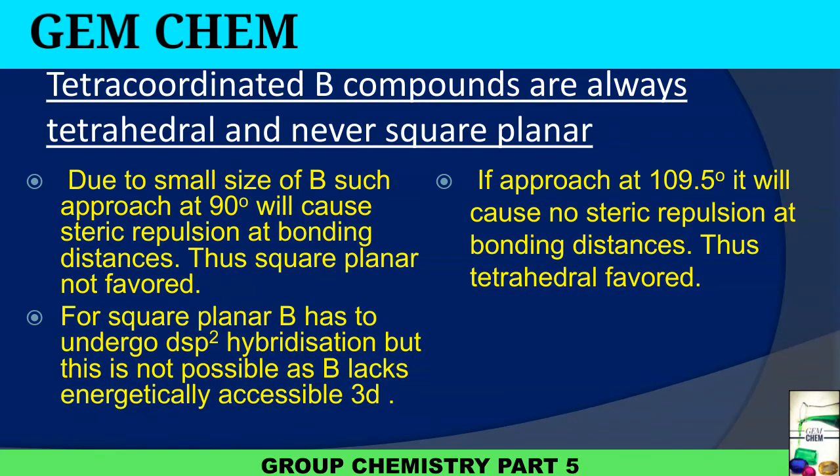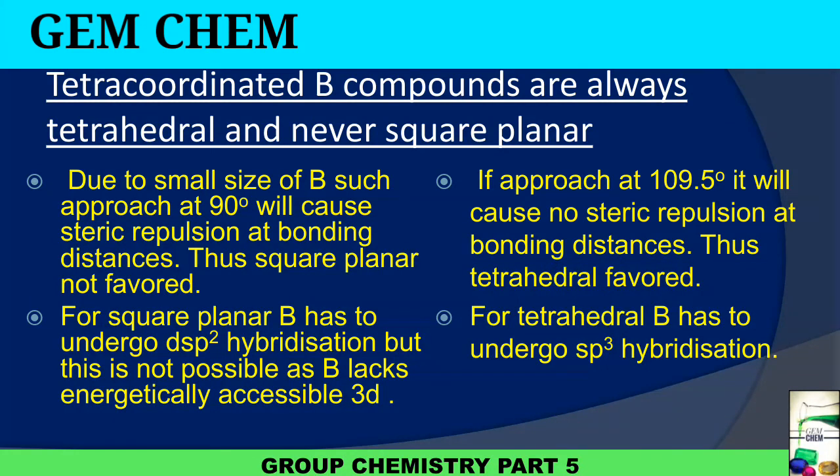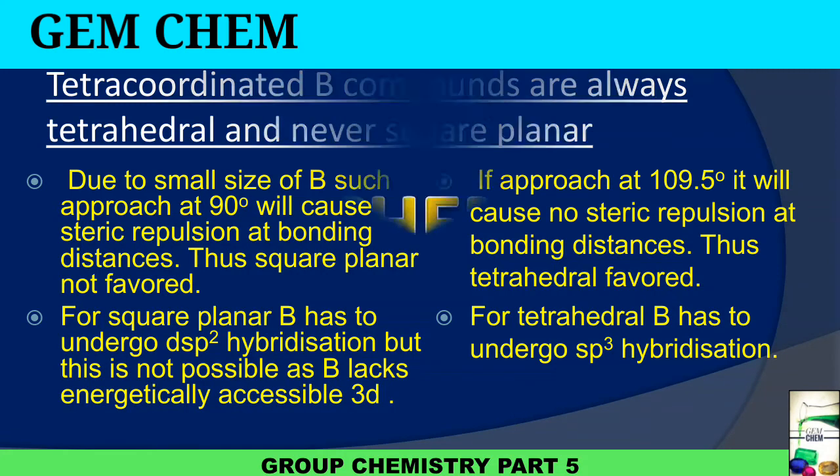Also, if we consider boron to assume a square planar geometry, then it will undergo dsp2 hybridization, but this is not possible as boron lacks energetically accessible 3d orbitals. Similarly, for tetrahedral geometry, sp3 hybridization is possible and thus it favors the tetrahedral geometry.